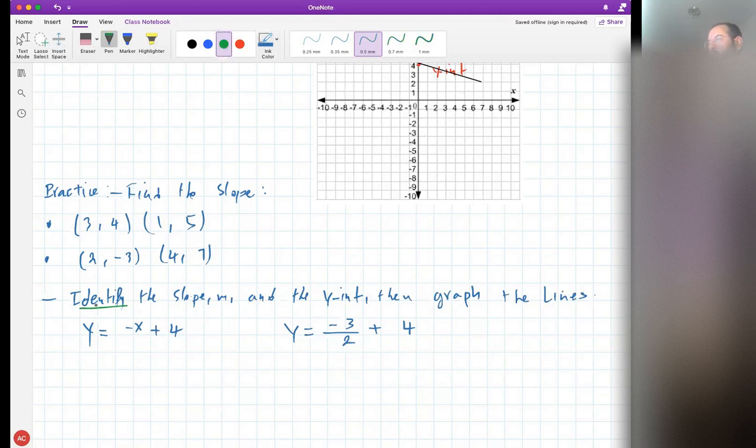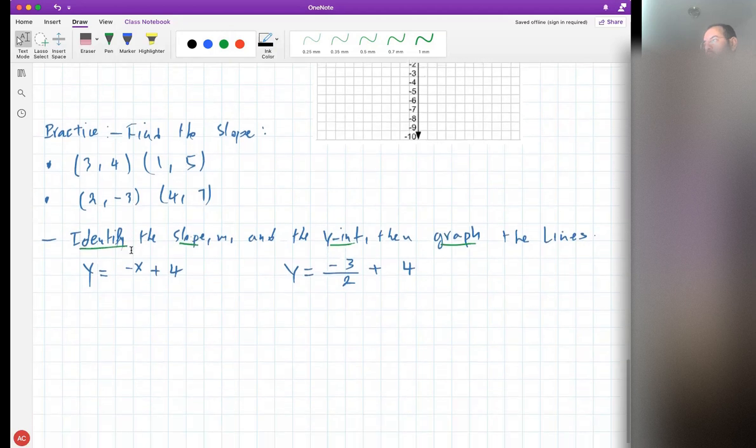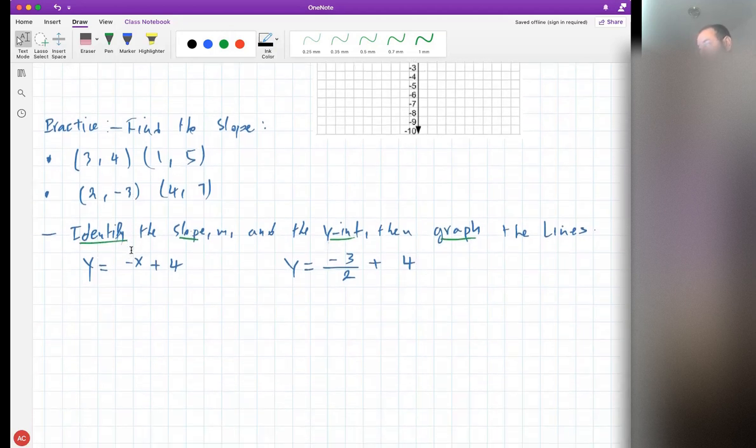So identify and graph slope and y-intercept could be done very quickly, especially the last two. They take literally no time. Also, these should take a few seconds if you know what you're doing, if you've been paying attention. You should have no problem with this.